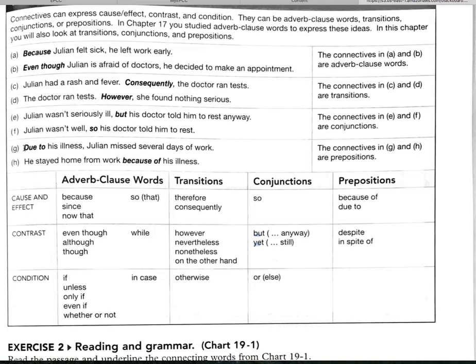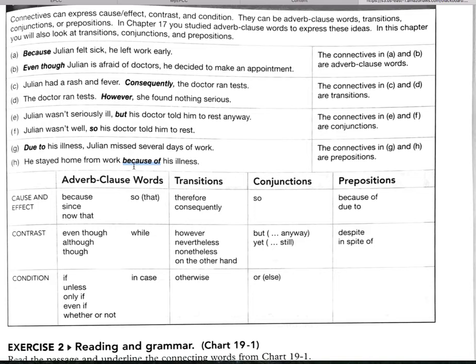Now we look at letter G. Due to his illness, comma, Julian missed several days of work. And he stayed at home from work because of his illness. Here, because of.